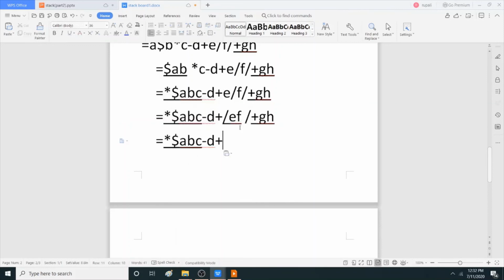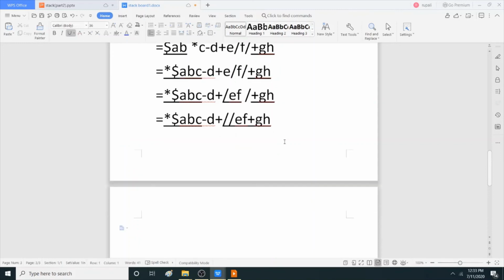Then this by. So you have to write this by first. By EF, then plus GH, underline. Next, now there is one minus and plus. Both have same priority.